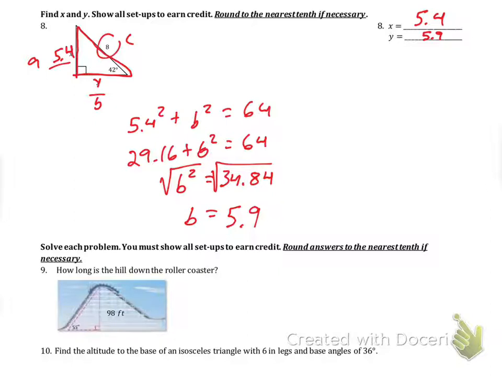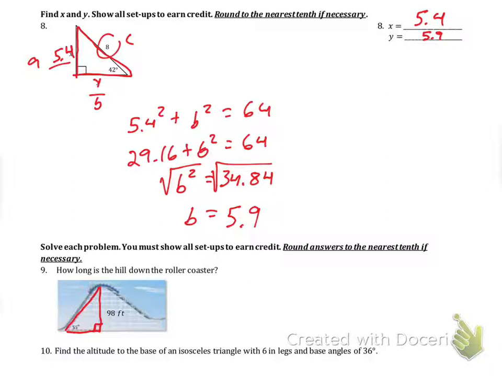All right, so number 9. How long is the hill down the roller coaster? So just look at it like this, right? You got this triangle right here, and then you're given 98, 55, and that's all you're given.